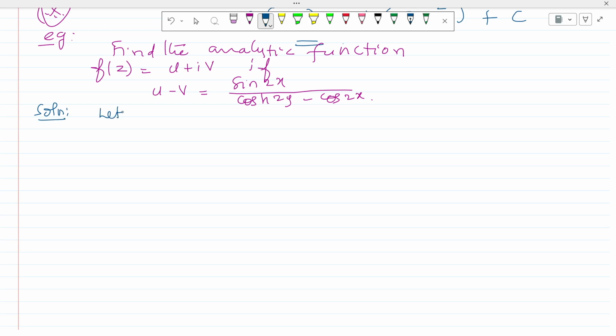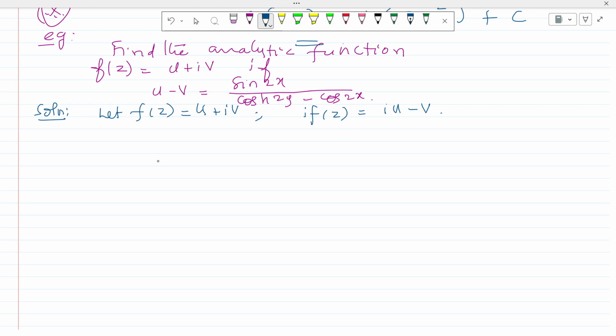Let f of z equal to u plus iv. Then multiply with i on both sides. We will get i into f of z equal to iu minus v.